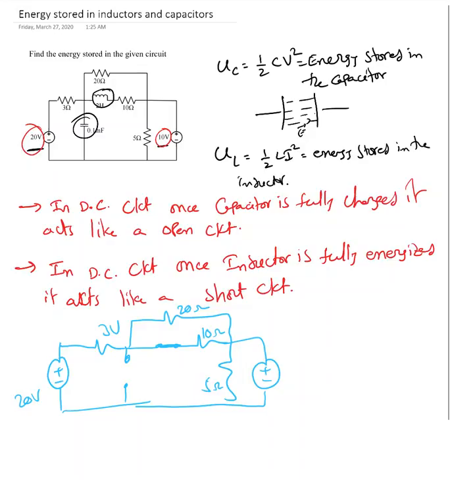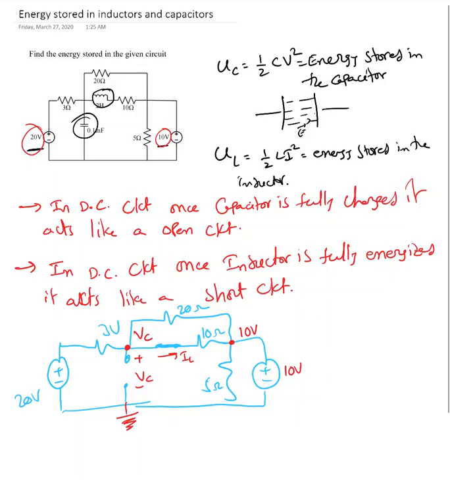My goal is to find this voltage, which I'll label VC, and this current. I can use mesh analysis, nodal analysis, or whatever to find those parameters. Since there are two sources, I cannot solve it by series-parallel combination. I have to use either mesh analysis or nodal analysis. I'm going to use nodal analysis. The voltage at that point is VC, and the voltage here is 10 volts.